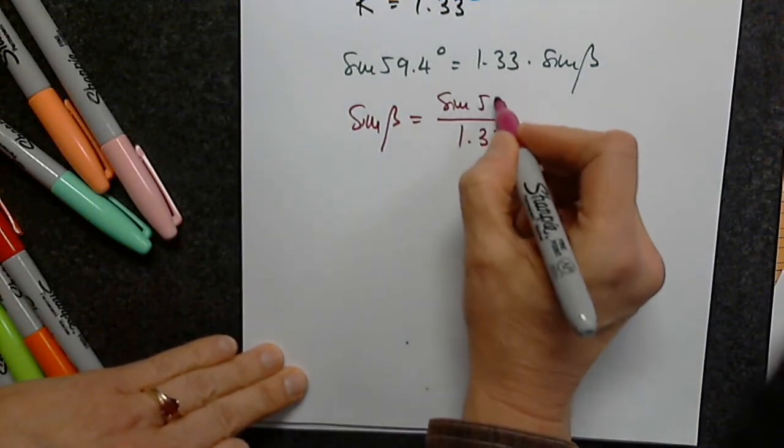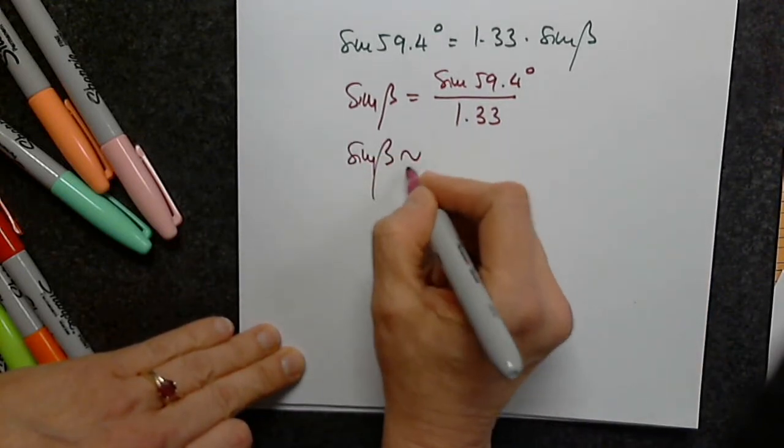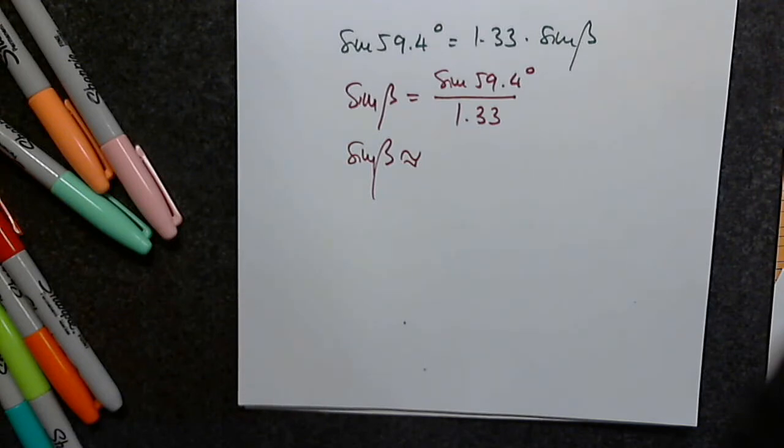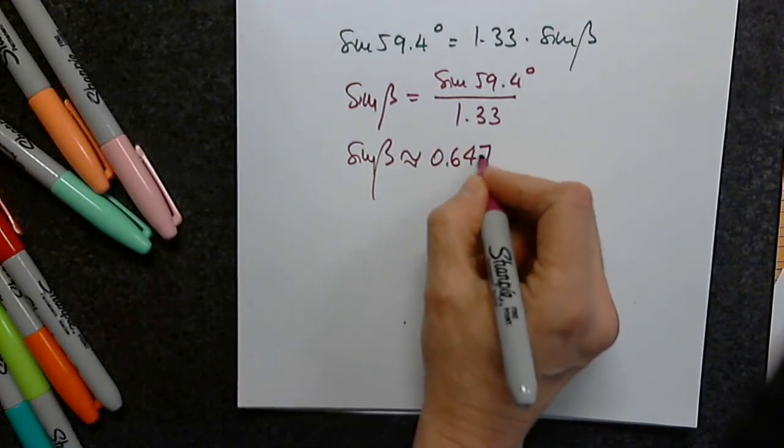So sine 59.4 degrees divided by 1.33. I got that sine beta is approximately 0.6472.